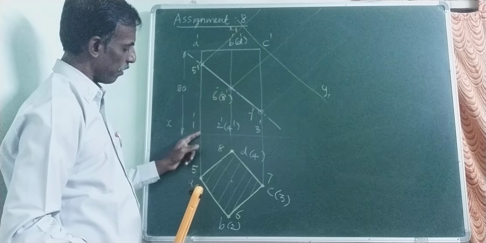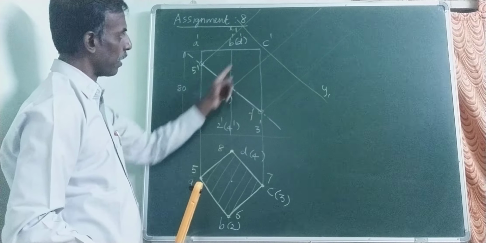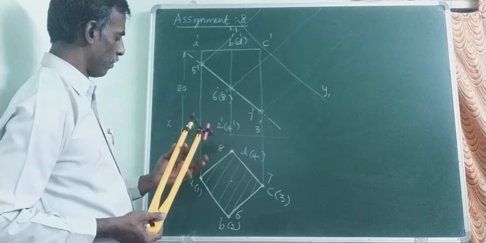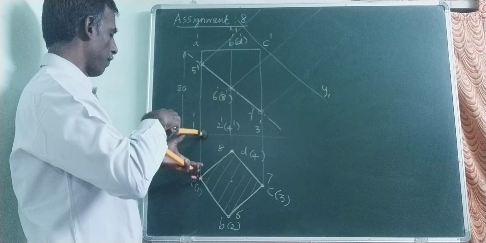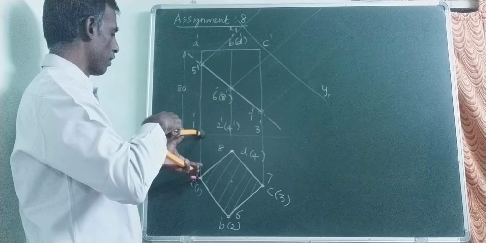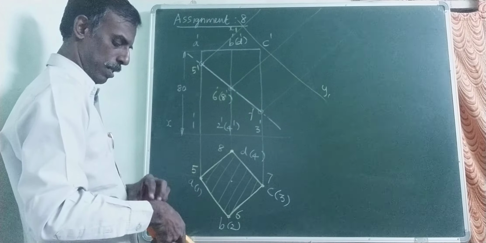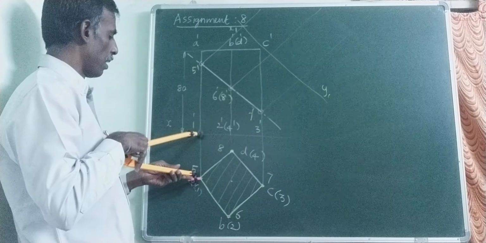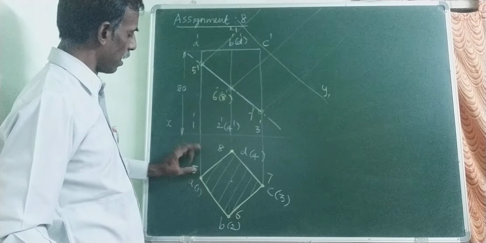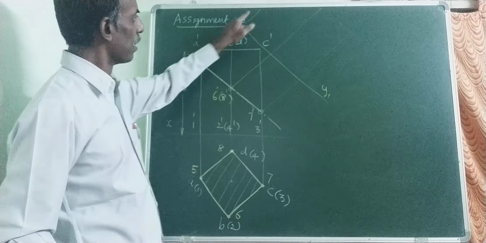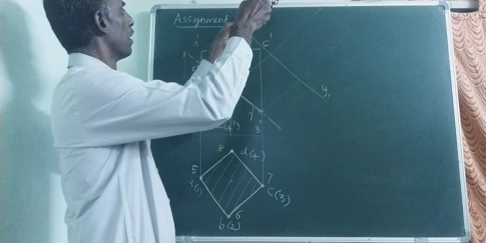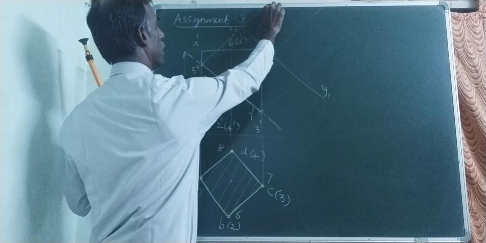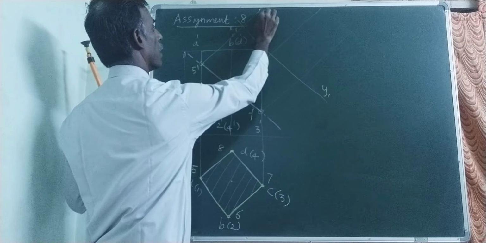Take each section point from the xy line and transfer it from the x1y1 line. Measure the cutting point 5 from the xy line. Where to transfer this point? Measure the vertical height here, extend backward, and transfer on this line. I am marking the point here. It is the cutting point 5.